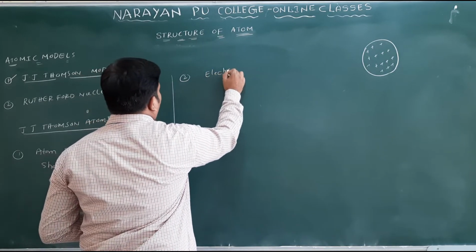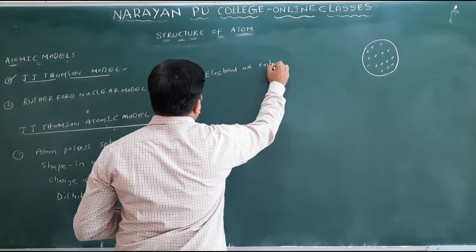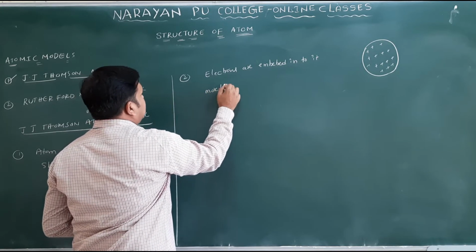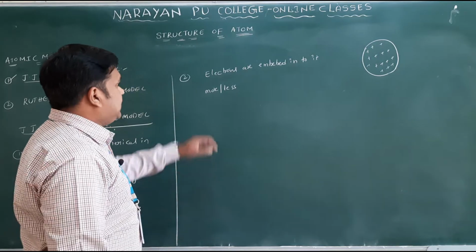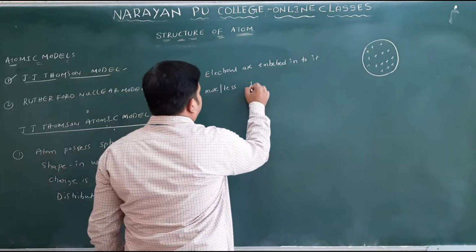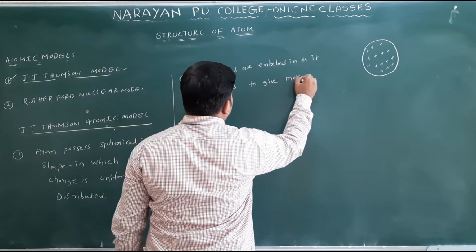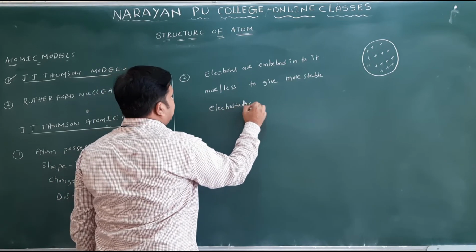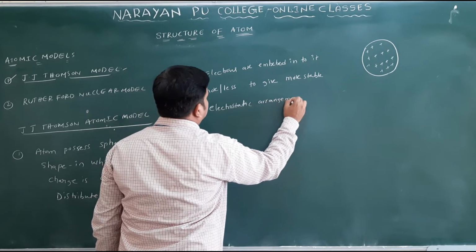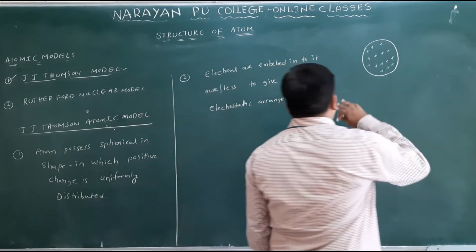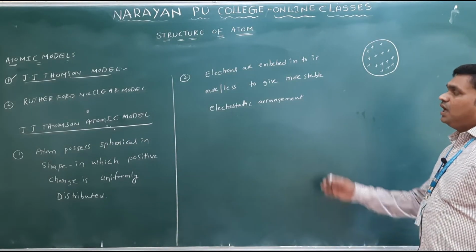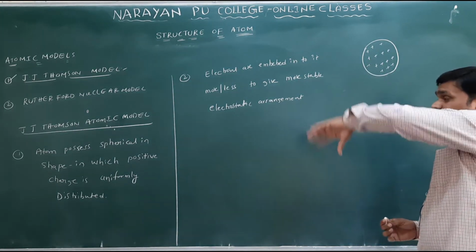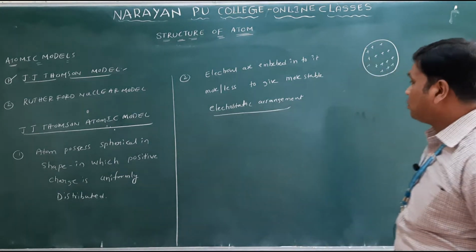So if electrons are there, more electrons or fewer electrons can be embedded in this atom, and what will they give? They will give a more stable electrostatic arrangement.